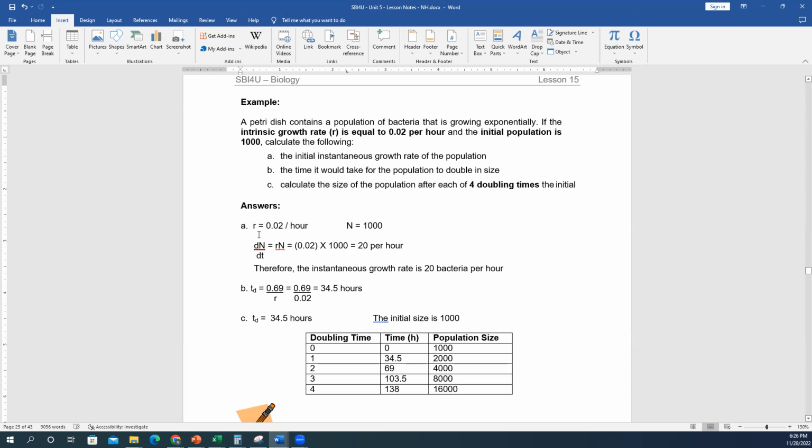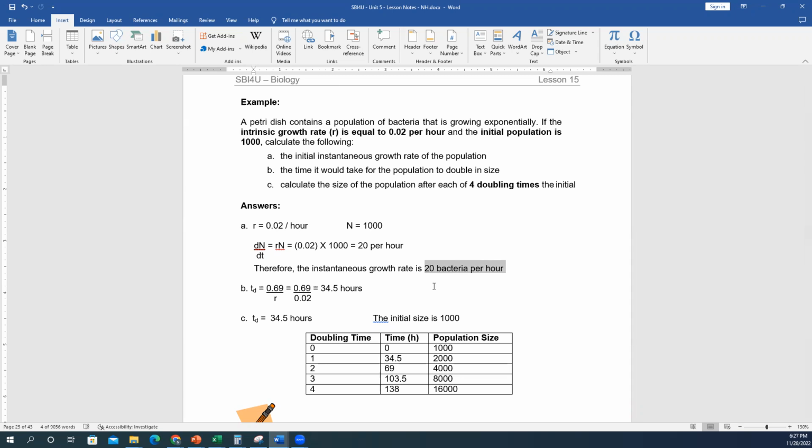And we can use that relationship then to calculate the instantaneous growth rate, or dN over dt, at the initial time, our initial instantaneous growth rate. So this would be 20 per hour. We'd be growing at the rate of 20 per hour. Therefore, the initial instantaneous growth rate is 20 bacteria per hour.